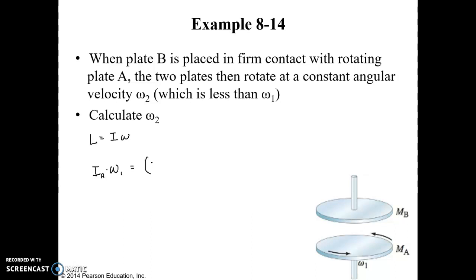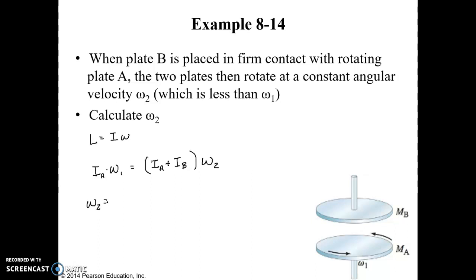So they're going to come together, and their moments of inertia are going to combine. We'll have a moment of inertia A plus moment of inertia B, and then that's going to be multiplied by their omega 2, their angular velocity after they've come together.